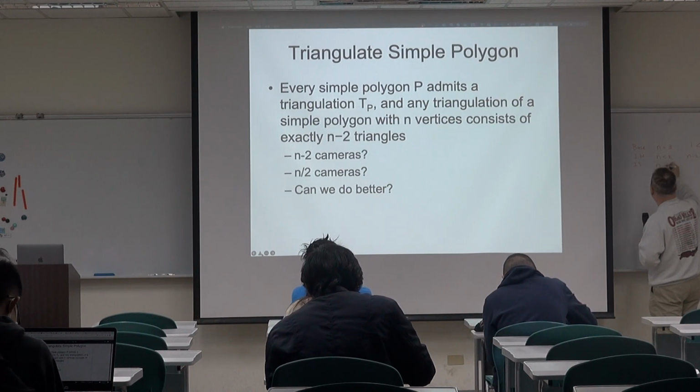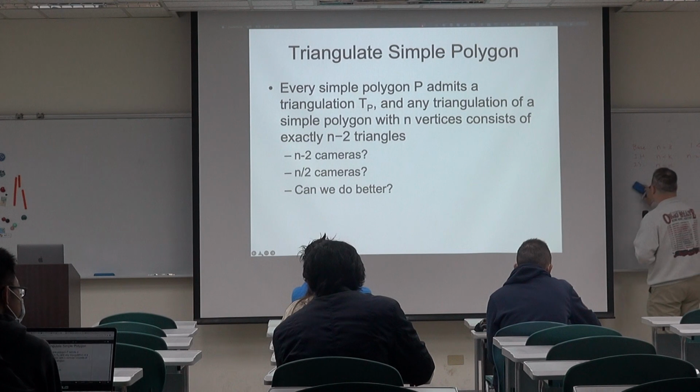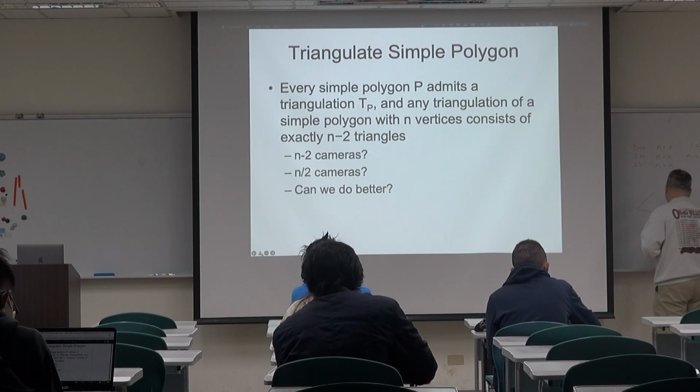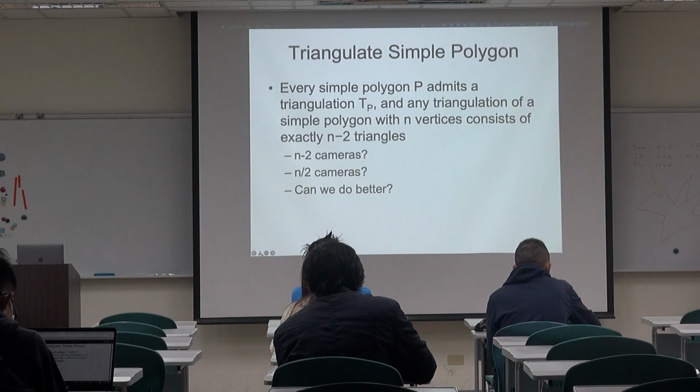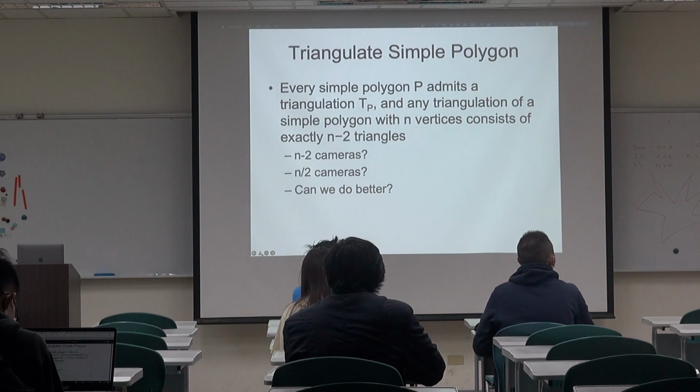For n equal to k, let's say we have k vertices. Your shape doesn't matter how ugly it looks.